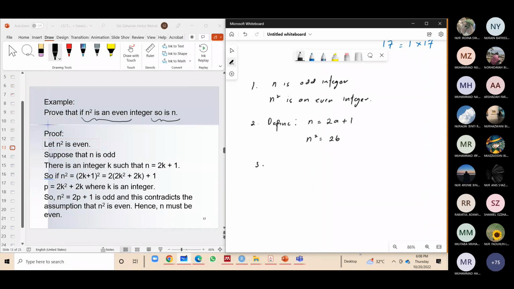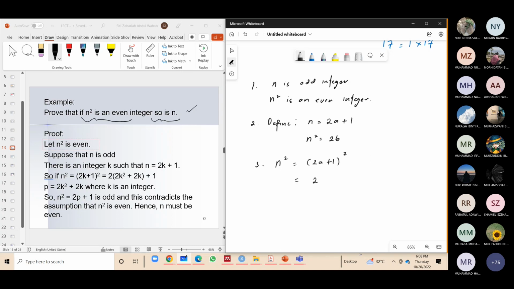How to prove? When we want to prove, we go back to the question here. Prove that if n square is an even integer, so is n. So we have to prove that when we square this n, we will get an even integer. We square our n, which is 2a plus 1.